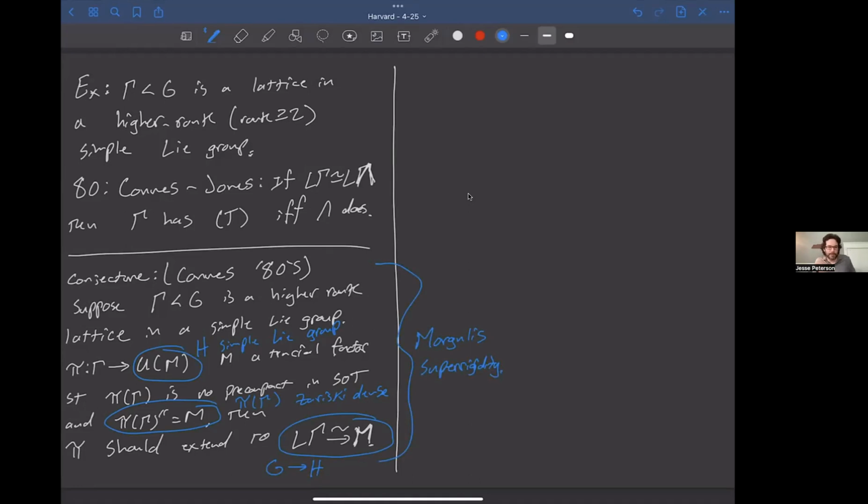And so he viewed this as, there should be this phenomenon of Margulis superrigidity in the von Neumann algebra setting, and there were two conjectures he made. There's this conjecture, which is called the operator algebraic superrigidity conjecture, the OA superrigidity.